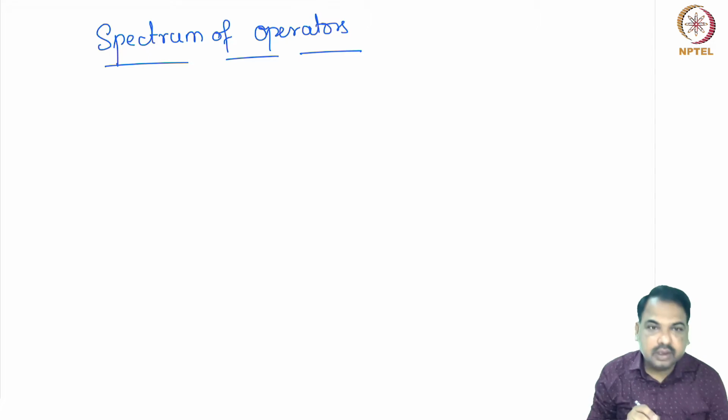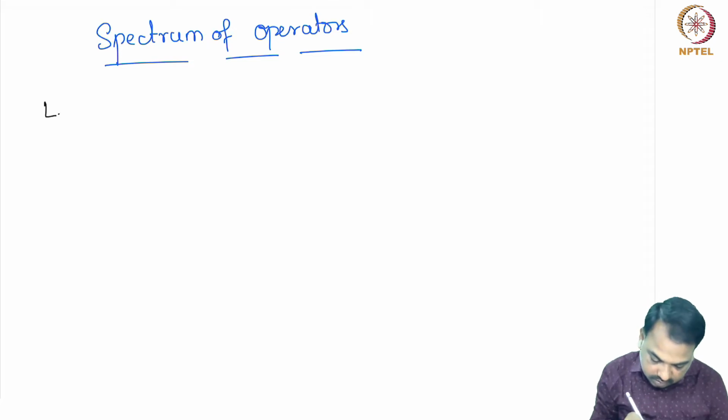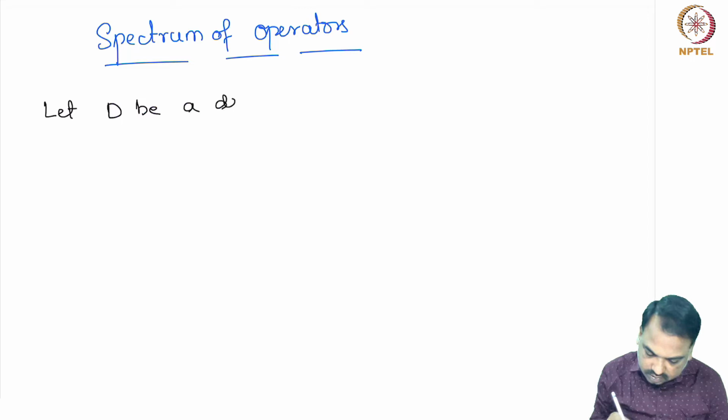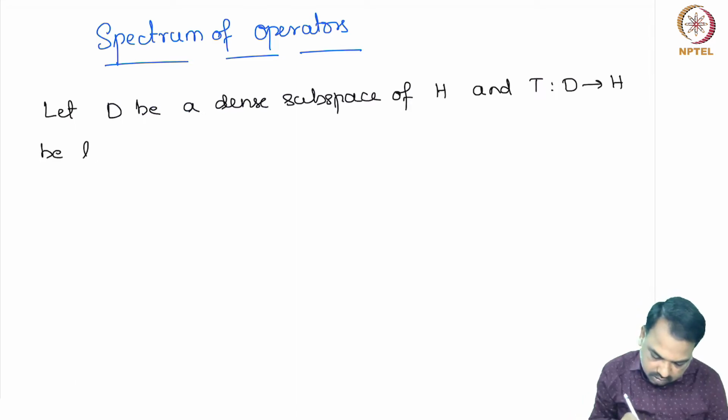So suppose we have a dense subspace of Hilbert space H. So let D be a dense subspace of H, and we have a map T from D to H, linear and bounded.